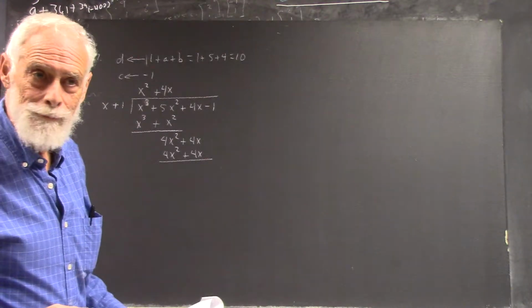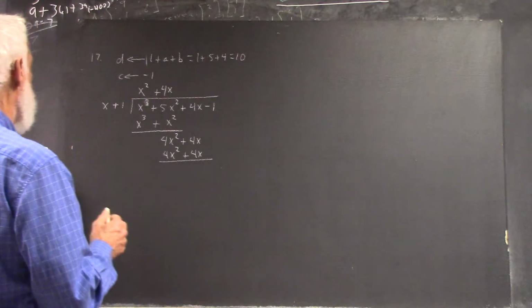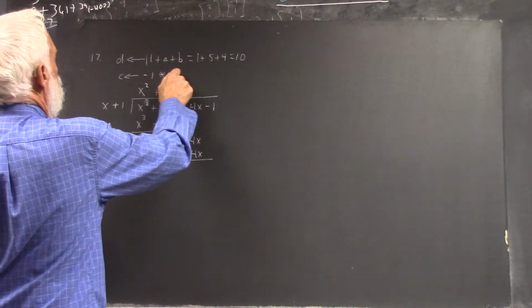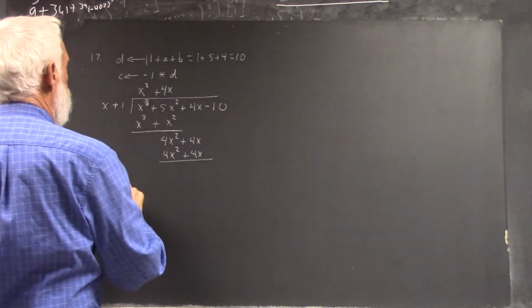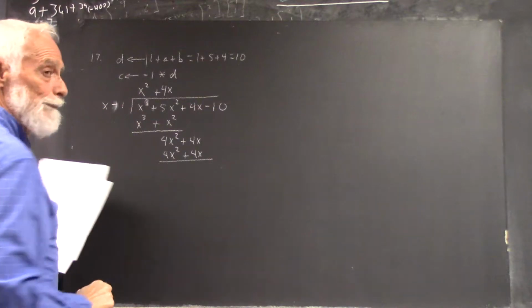Okay. My algorithm was wrong, and I see why now. Should be -1 times d. Should be -10. It should be -1 here.